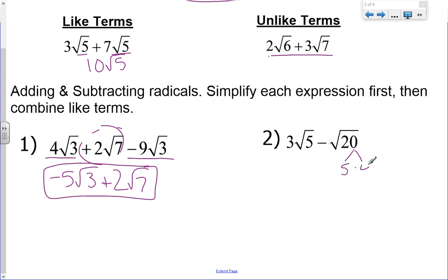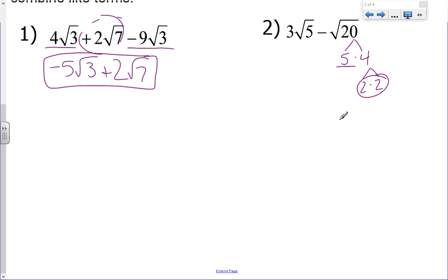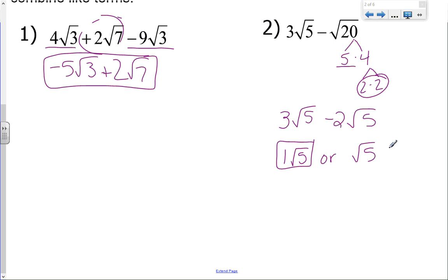So now I know I have a 5 under my radical. I'm going to simplify the 4 down to 2 and 2. So this radical simplifies down to 2 square roots of 5. This one was already in simplest form, so we have 3 square roots of 5. So I'm going to do 3 square roots of 5 minus 2 square roots of 5. You can call that 1 square root of 5, or you can simply call it square root of 5.